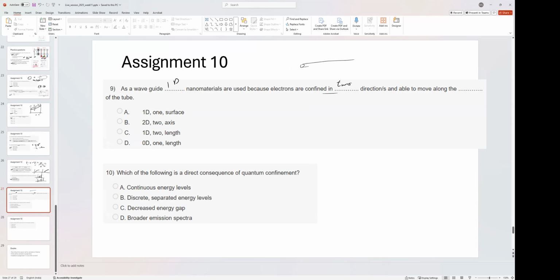The rods are confining it in two directions, and electrons are moving along the direction of the tube, along the axis of the tube.